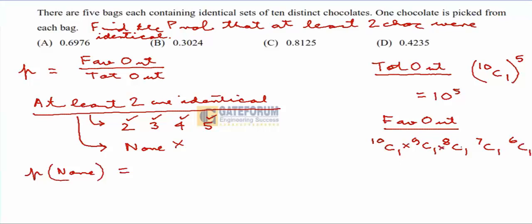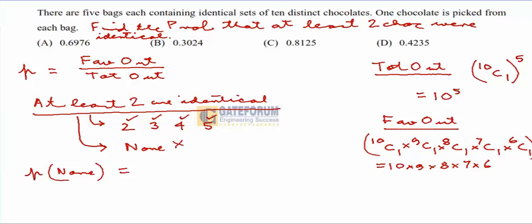I will multiply all of them because it's a simultaneous activity, and my favorable outcome would be 10 into 9 into 8 into 7 into 6.